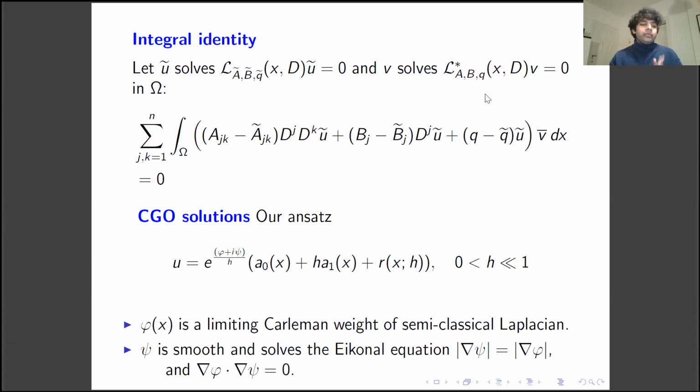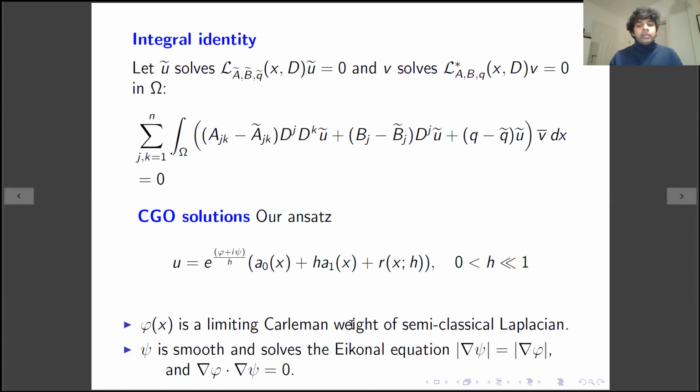The characteristic equation for the biharmonic operator is just the square of the characteristic equation for the Laplacian. So the same limiting Carleman weight will work for the biharmonic operator or even any polyharmonic operator. So you don't really see any change there.